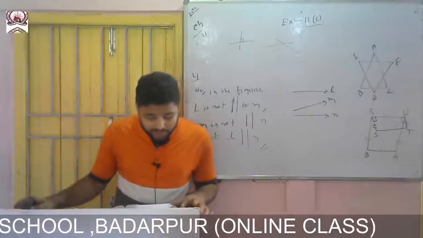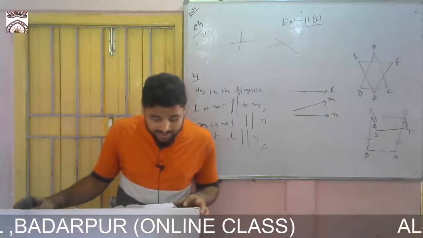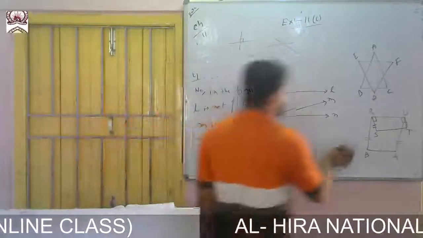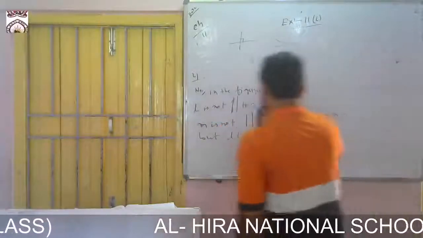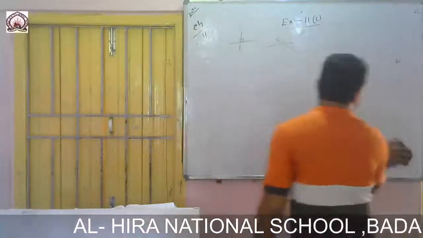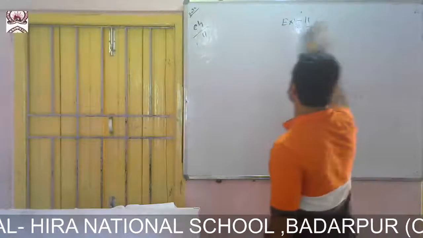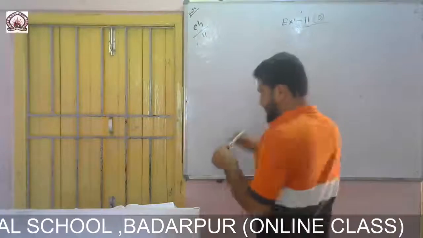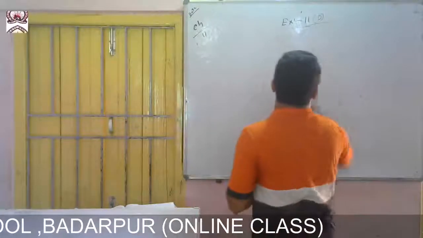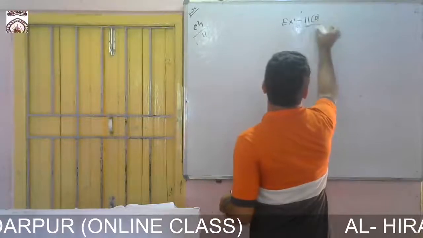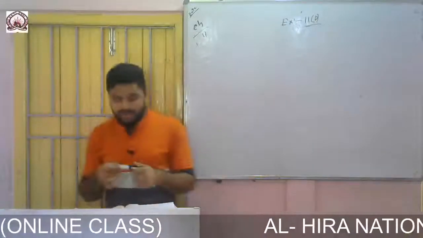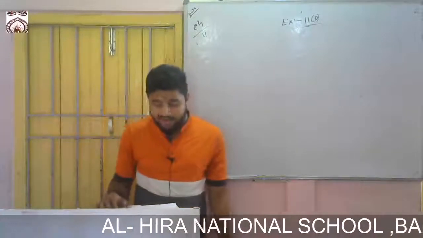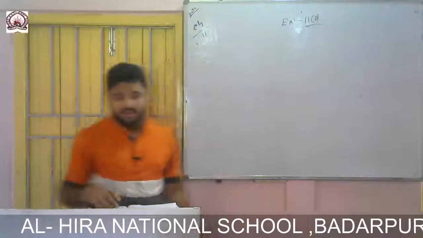State for each triangle whether it is scalene, isosceles or equilateral. Before solving 11D, I need to explain what an isosceles triangle is, what an equilateral triangle is and what a scalene triangle is.